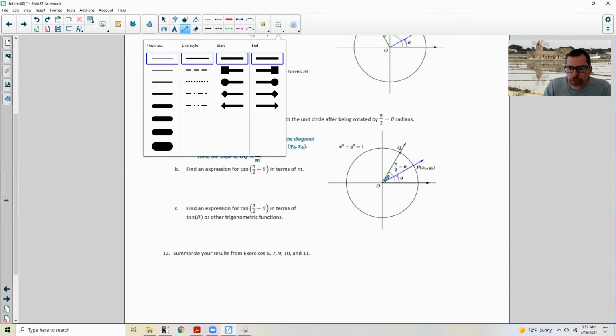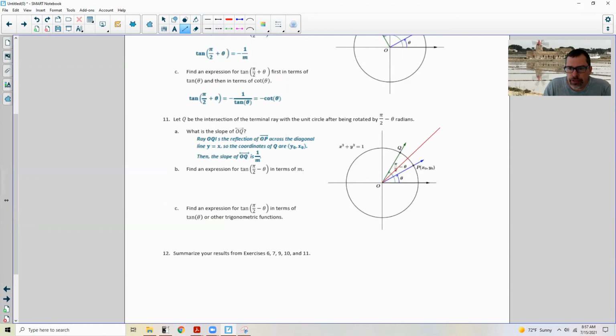And if I go through here like so, this is the line y equals x, with a slope of 1. So it's a reflection across that line. So the coordinates of Q are y naught, x naught, then the slope of OQ is 1 over M.